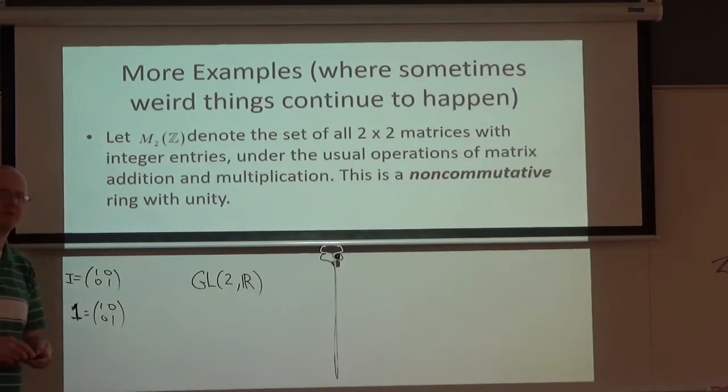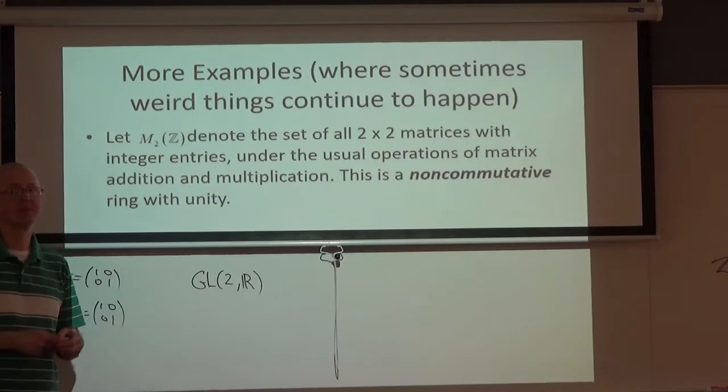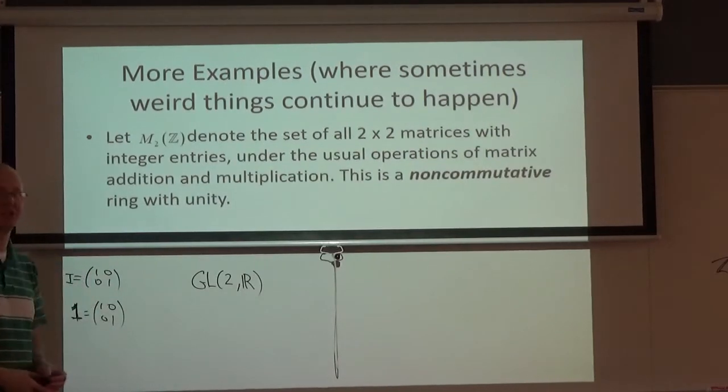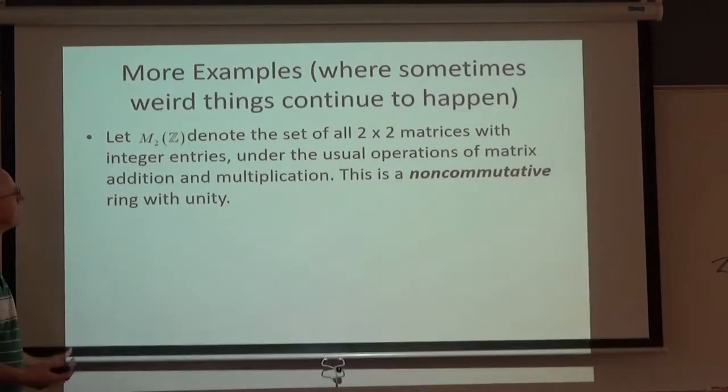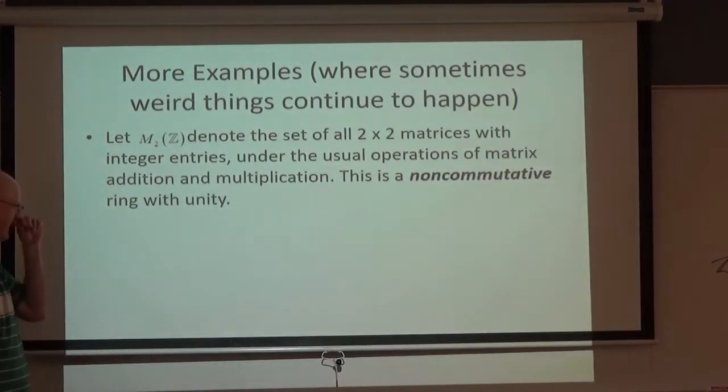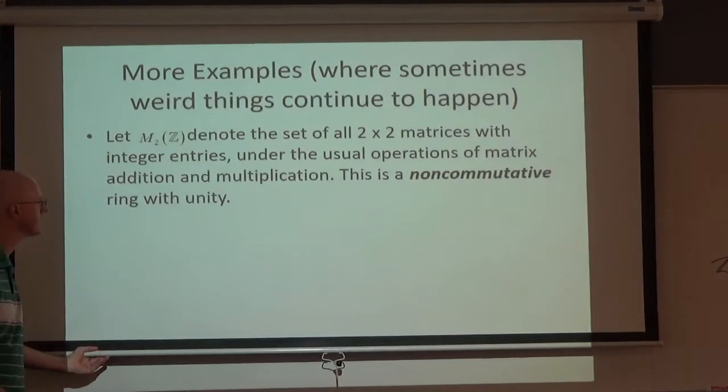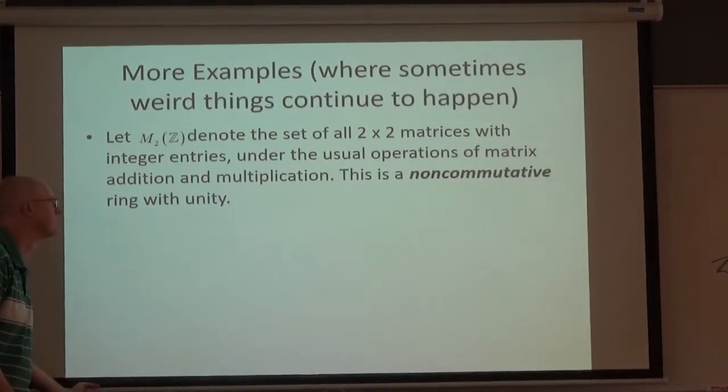And it's non-commutative. Don't say non-abelian, say non-commutative. Matrix addition is commutative. It's an abelian group under addition. I guess that's not too weird. It's only the non-commutativity that's a little bit weird, but we're used to that anyway.